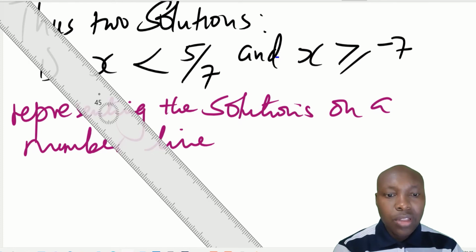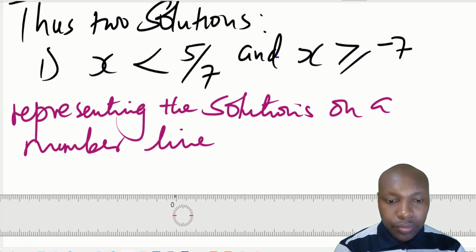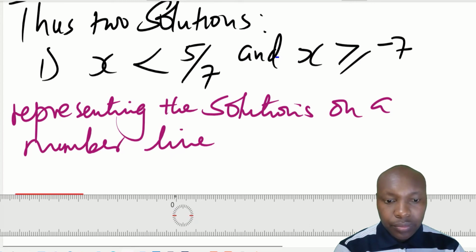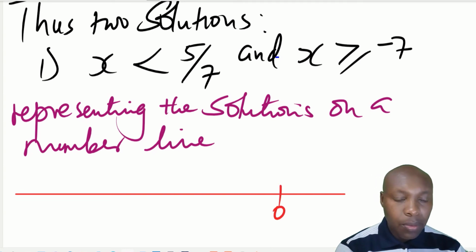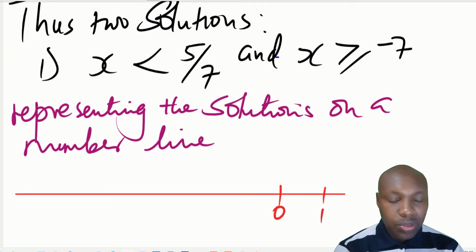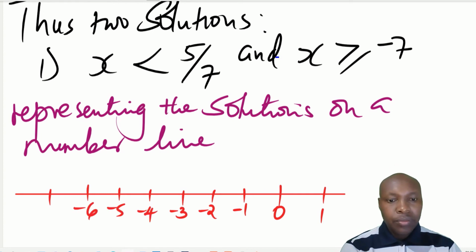So let us draw the number line. We shall draw from 0. I can see the positive, we have 5 over 7, so it will be between 0 and 1. Then on the negative side we have up to negative 7, so we begin with negative 1, negative 2, negative 3, negative 4, negative 5, negative 6, and negative 7.